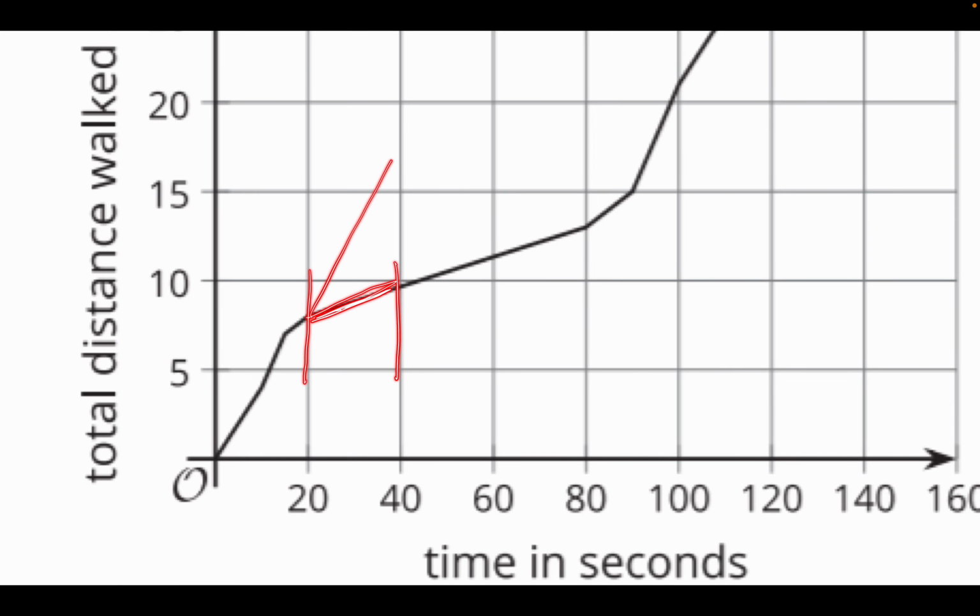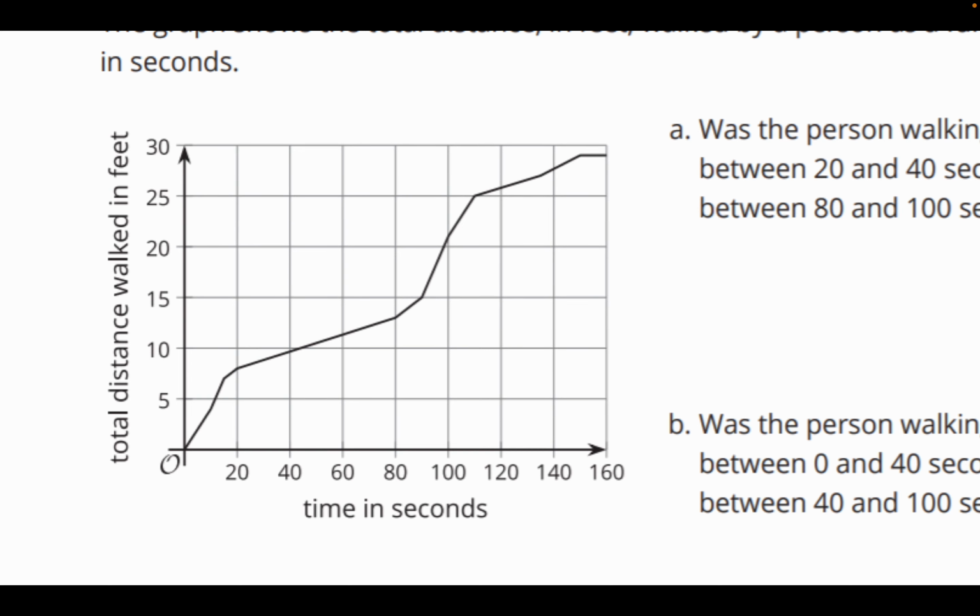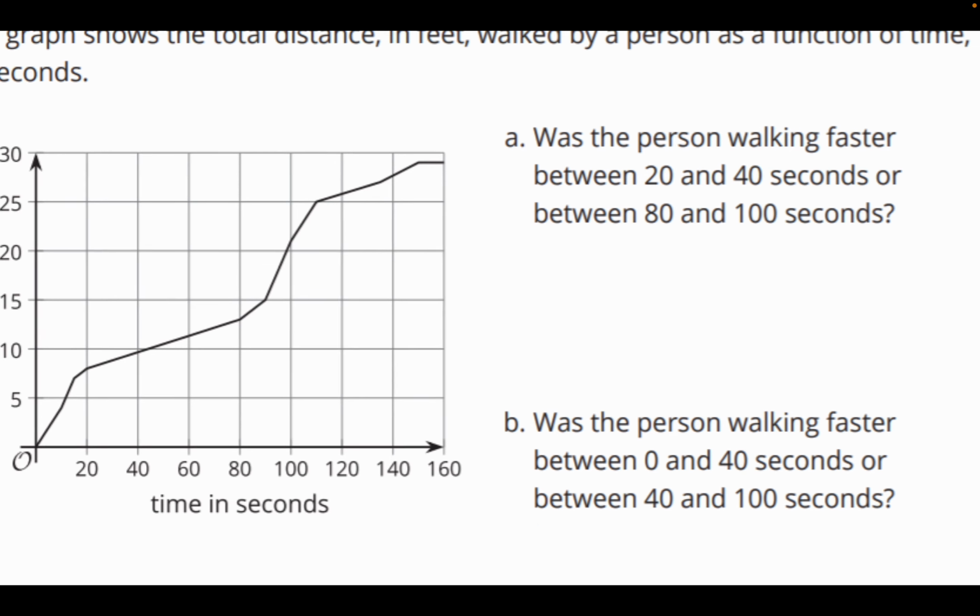How steep this line is going to change how fast that person is walking. We don't have much of an incline here, but they're still walking at a decent pace. But they wanted us to compare that to between 80 and 100. Between 80 and 100, they definitely covered a lot more ground, and it looks like they have a much higher rate of change.